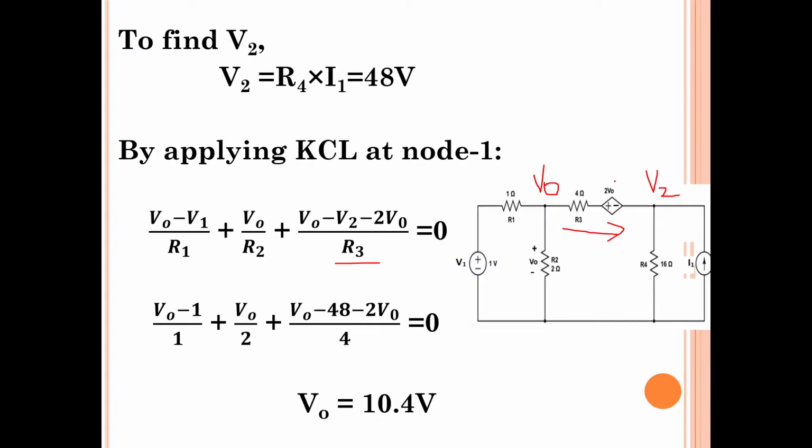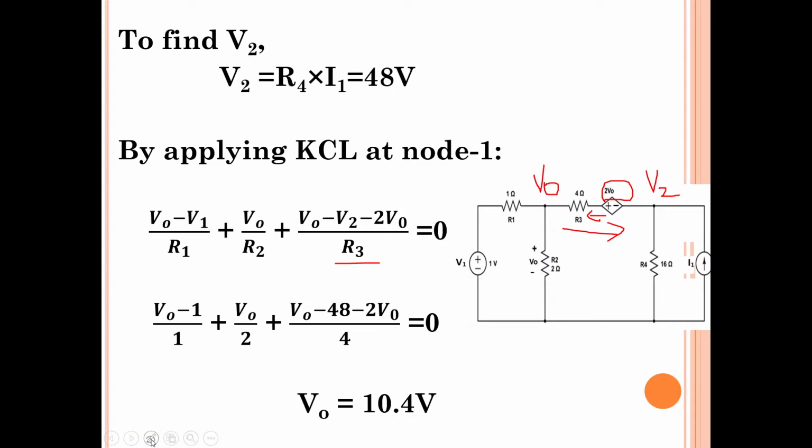But one more element is there, 2V0. If you observe, the positive terminal is this, so current should come out in this direction, but the assumed direction is opposite. So minus 2V0: you should also consider this voltage. So V0 minus V2 minus 2V0, by R3, equal to 0.